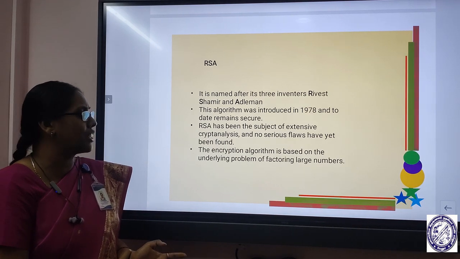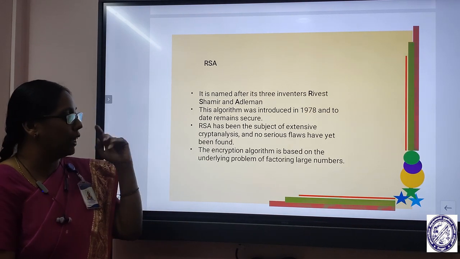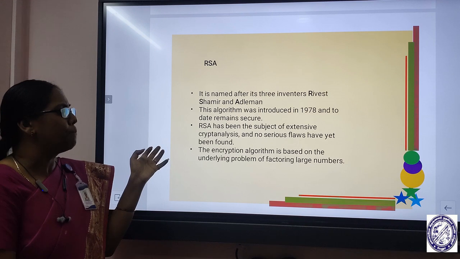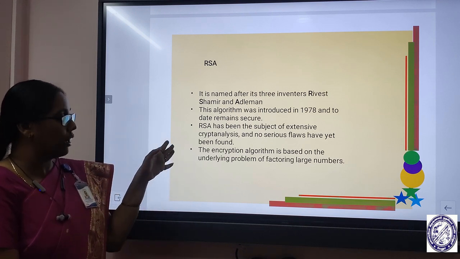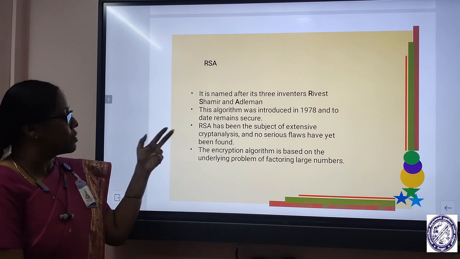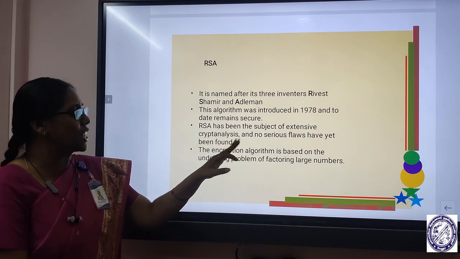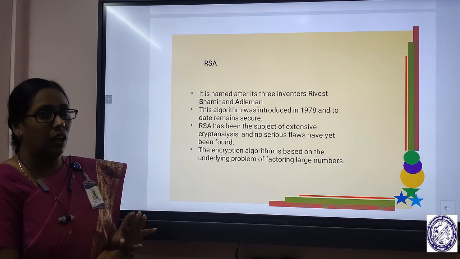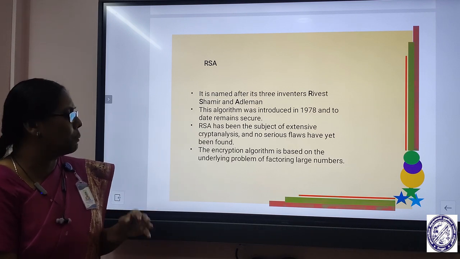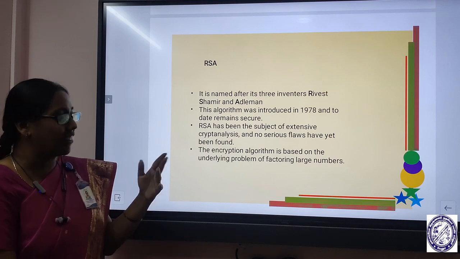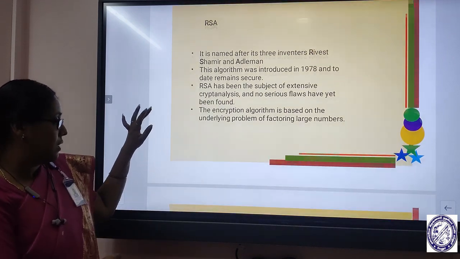RSA has been subjected to extensive cryptanalysis. Cryptanalysis is how to break the ciphertext. No serious flaws have been found in the RSA algorithm until today. The encryption algorithm is based on the underlying problem of the factorization of large numbers.